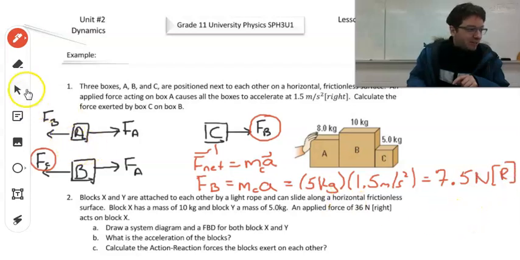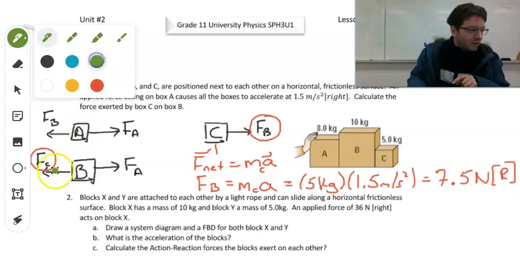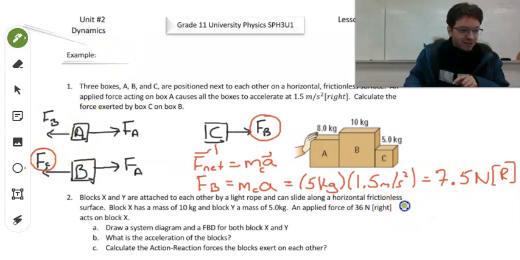The force I'm looking for, which is over here, FC. If you want, you can write FC on B. Okay, is going to be the same magnitude, but opposite direction, so to the left.